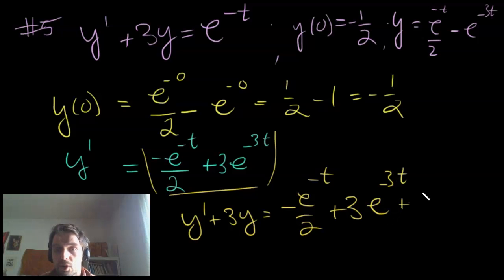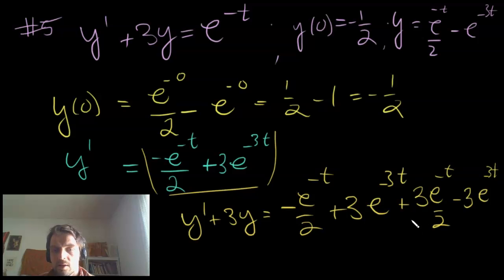So that would be plus 3 e to the negative t over 2 minus 3 e to the negative 3t. So this is 3 times y right there.